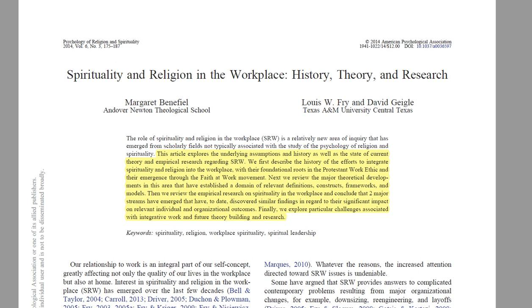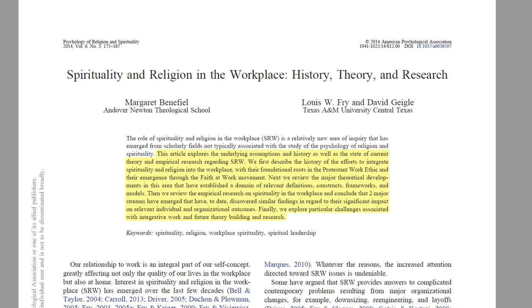The title, I should say here, is Spirituality and Religion in the Workplace: History, Theory, and Research. So that's fairly self-explanatory. It gives me an idea that these authors are looking into the overall concept of spirituality and religion in the workplace.